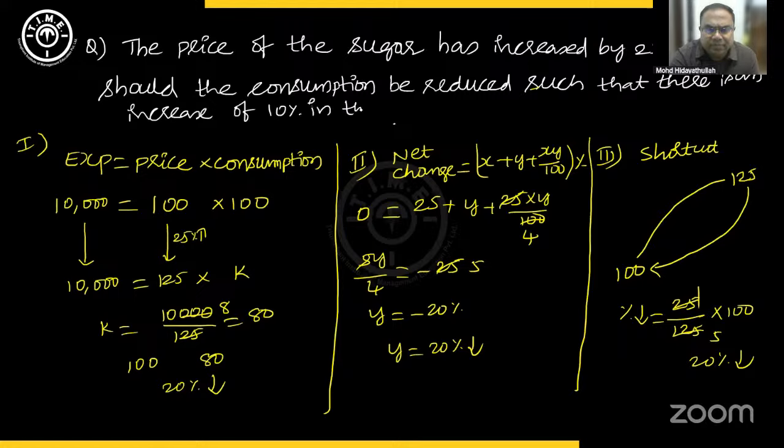Anybody would like to try this? I want you to try using all the approaches. Finally, we can use this net change formula.